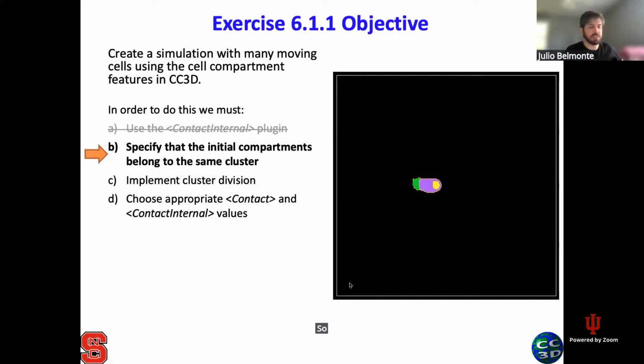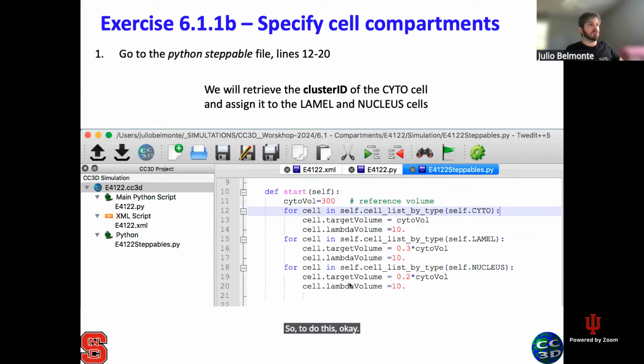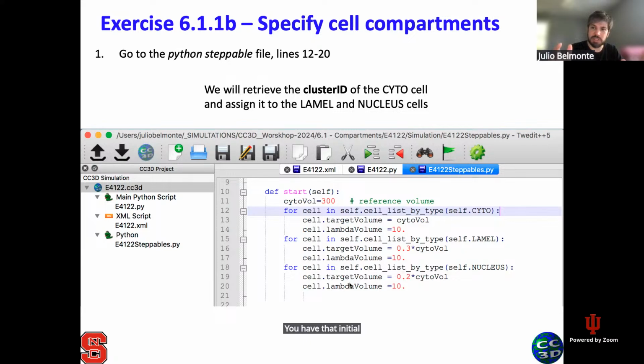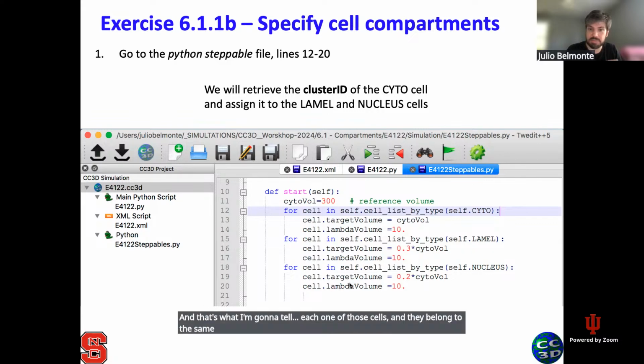So to do this, let's go to the code, and we have to go to the steppable file. So go to the Python steppable file, and on lines 12 to 20, you have that initial cell volume assignment for the cytoplasm, the lamellipodium, and the nucleus, and that's where we're going to tell each one of those cells that they belong to the same cluster.